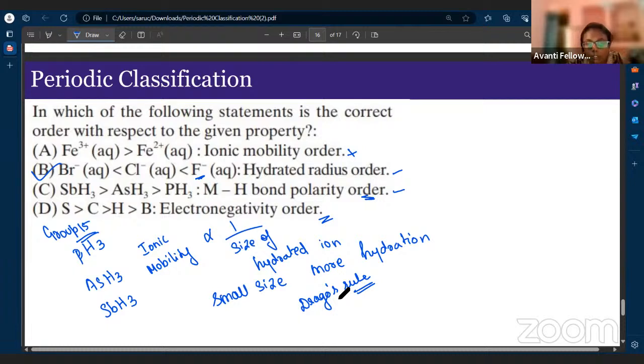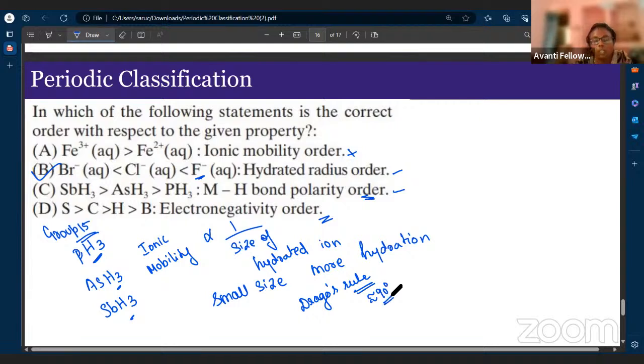Here we have studied Drago's rule, when the central atom is attached to a small, less electronegative atom like hydrogen. What happens to the bond angle? The bond angle will be approximately equal to 90 degrees.